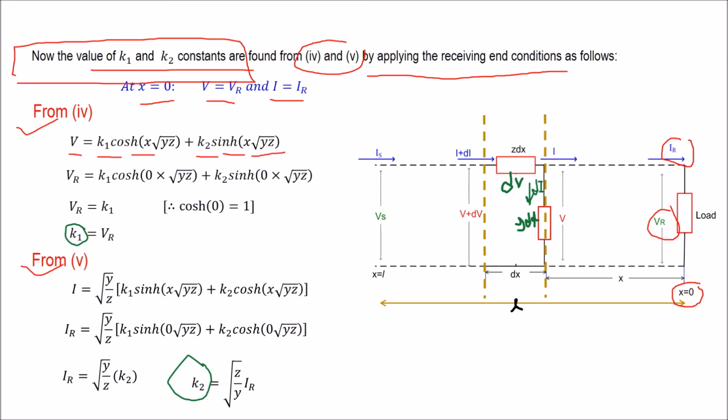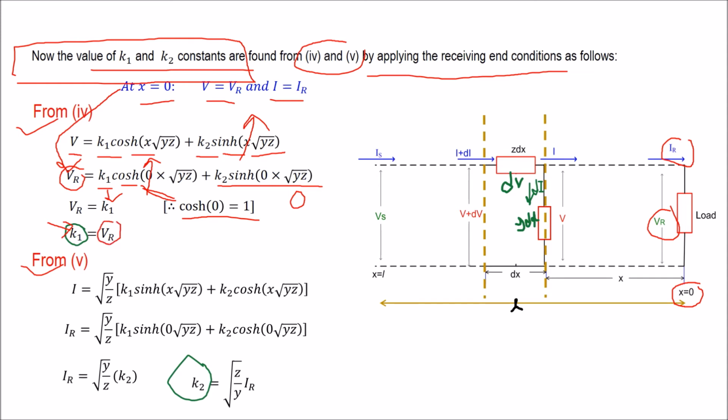Now if we put all these conditions, then V will be VR, right? Then cosh 0 is 1 and sinh 0 will be 0, so the second portion is 0 and the first portion is K1, since hyperbolic cos 0 is equal to 1. So here we get K1 equal to VR, right?